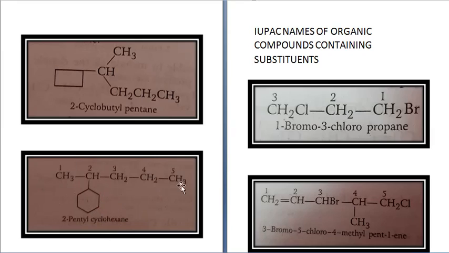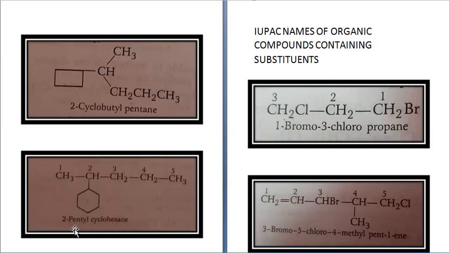The side chain has 1, 2, 3, 4, 5. So this ring will be considered as a derivative of this alkane. So the parent chain will be pentane, 5 carbons, and to it on the second carbon the ring is attached, so 2-cyclobutylpentane. This is how the naming is done.